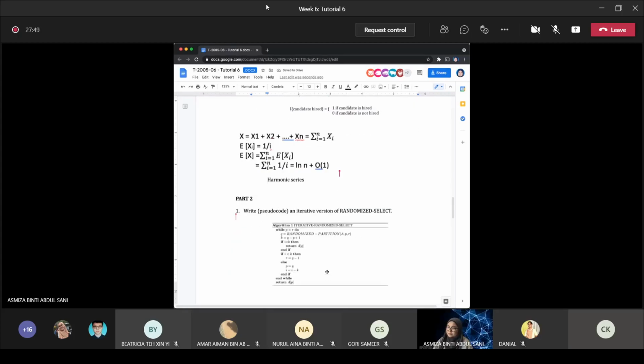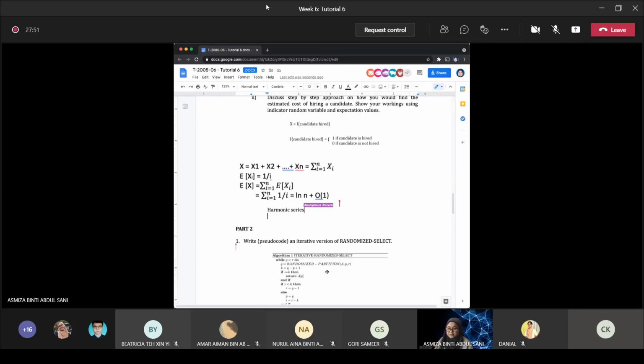Up until now, from the tutorial and the examples that we have looked at so far, it looks like the probability is either 1 or 0. Bear in mind, if you try to look at other tutorials talking about probabilistic analysis, you may find that the probability value for that event occurring may not be just 1 or 0.